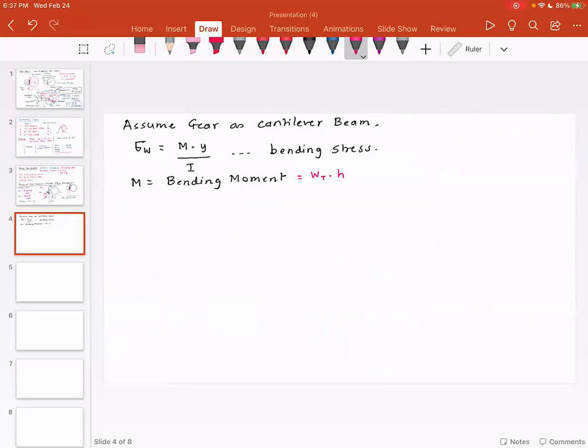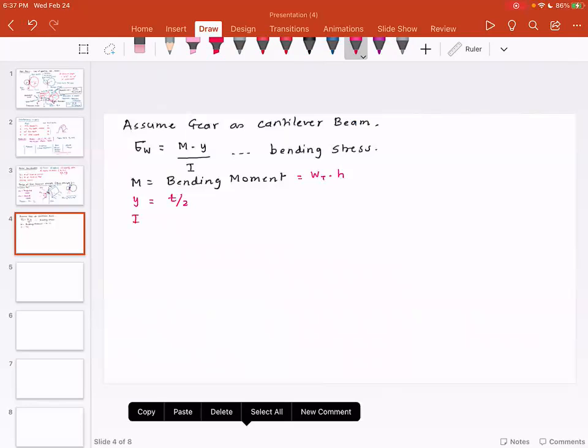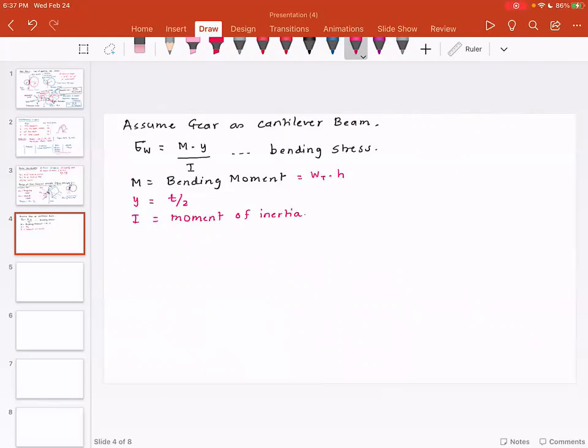Y is half of the section profile, which is T divided by 2. And I is the moment of inertia, and the moment of inertia for a rectangular section is given as BD cubed by 12.